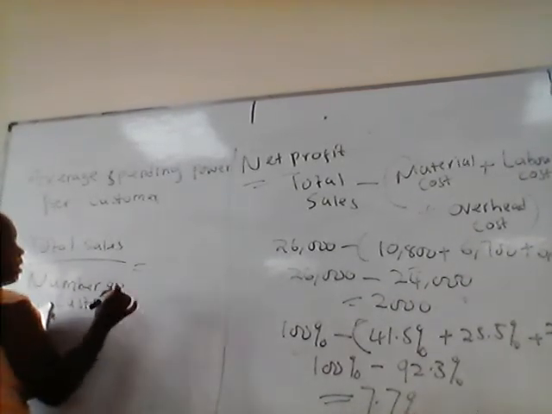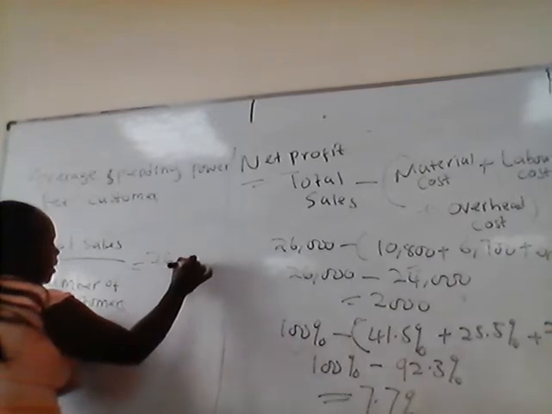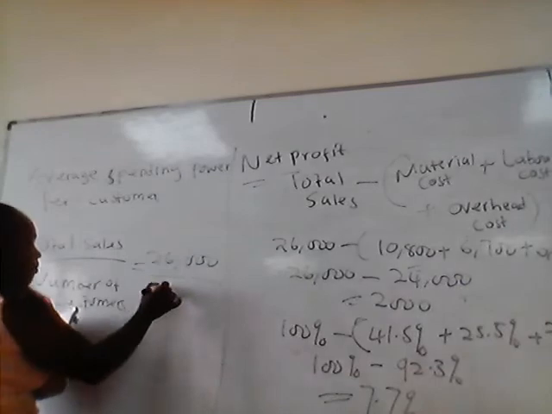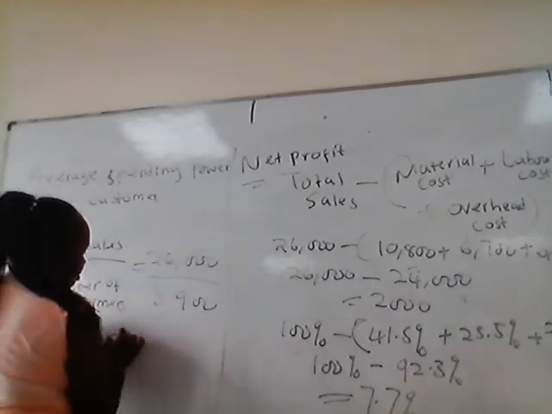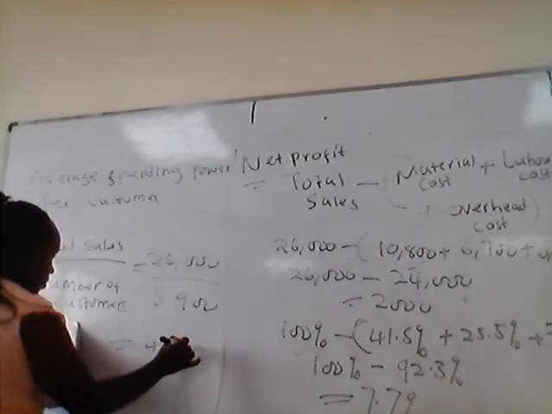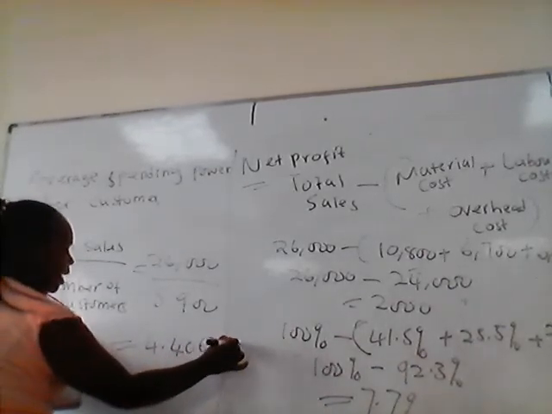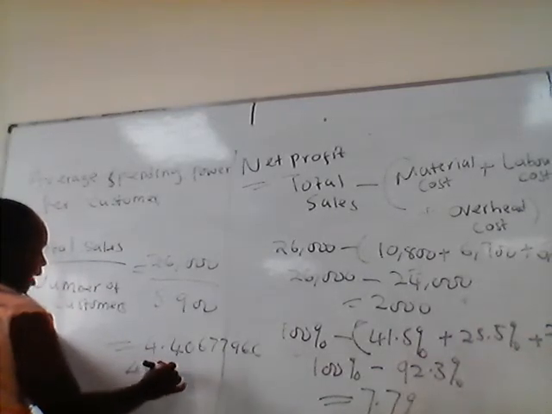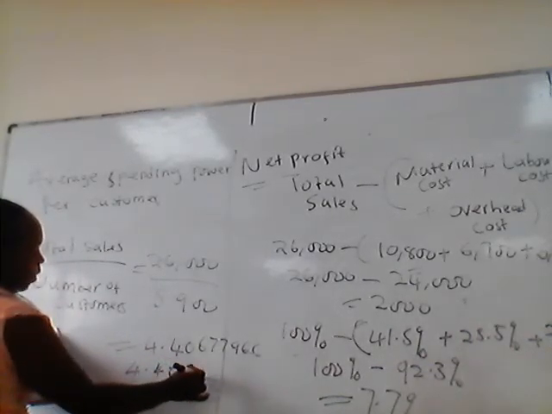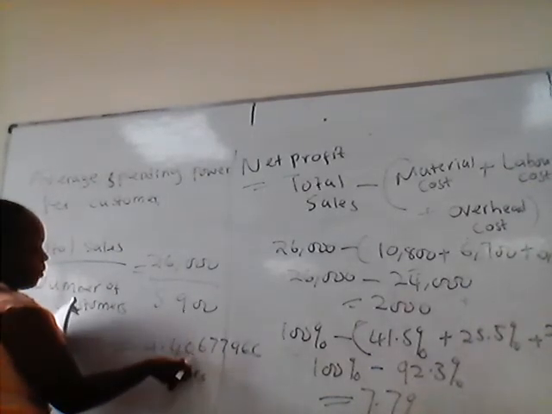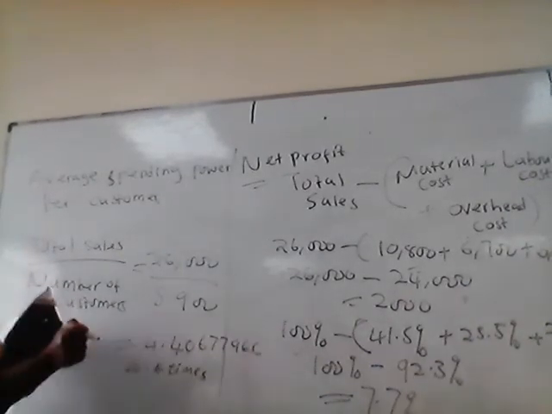So the total sales always is 26,000 divided by the number of customers, which were 5,900. So when you divide, you'll get 4.40677966. So it will be 4.4, because we have rounded it, and this one is below 5, so we cannot round off to 5.